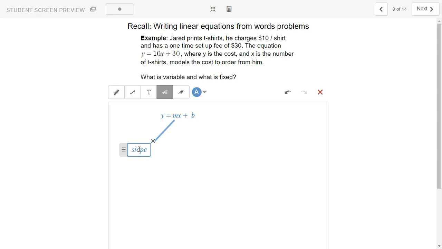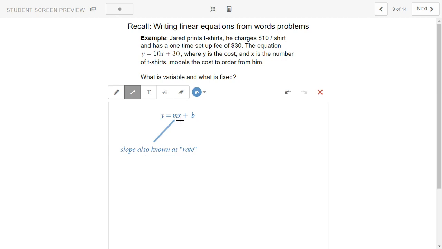Now, the slope can also be known as our rate. In this case, Jared is charging $10 per shirt. So our slope is also known as our rate, and the rate is known.